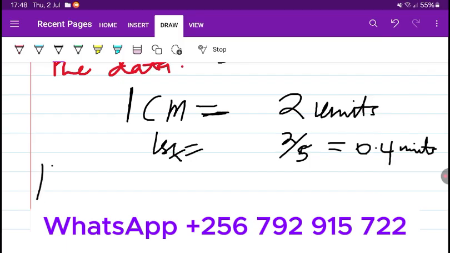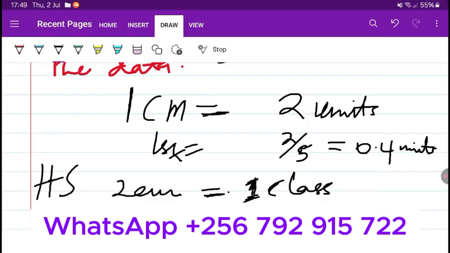Now for the horizontal scale, because we have very few classes, you can say maybe 2 centimeters, because we are not going to leave spaces. You can say 2 centimeters to represent one class.